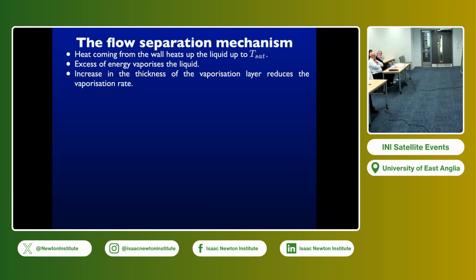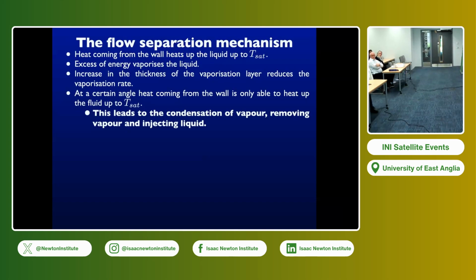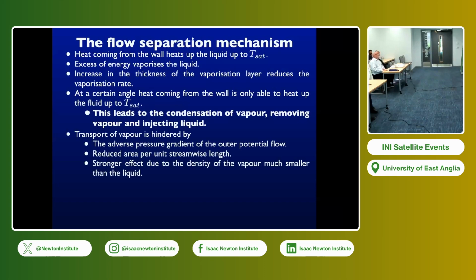At some point, the increase in the thickness of the vaporization layer reduces the vaporization rate, and as I said before, there is a point where the liquid can only be heated up to the temperature of saturation. If it's less than that, the energy comes from condensation of vapor that basically results in the injection of liquid.